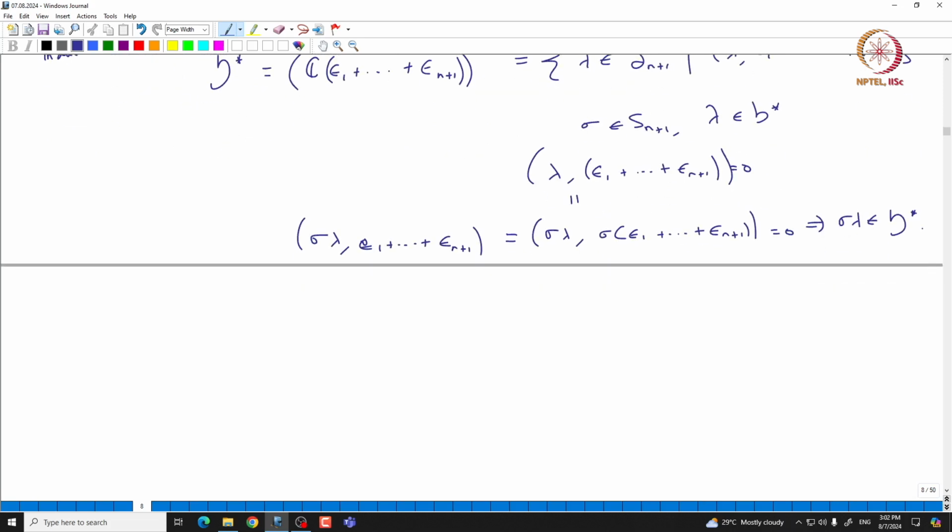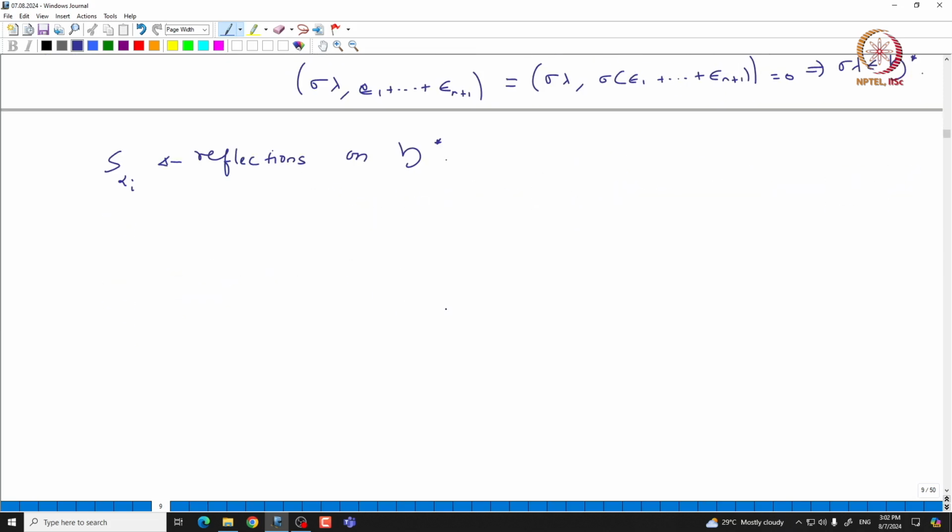Now we have these s alpha i's. These are the reflections defined on H star. How does one define these reflections?